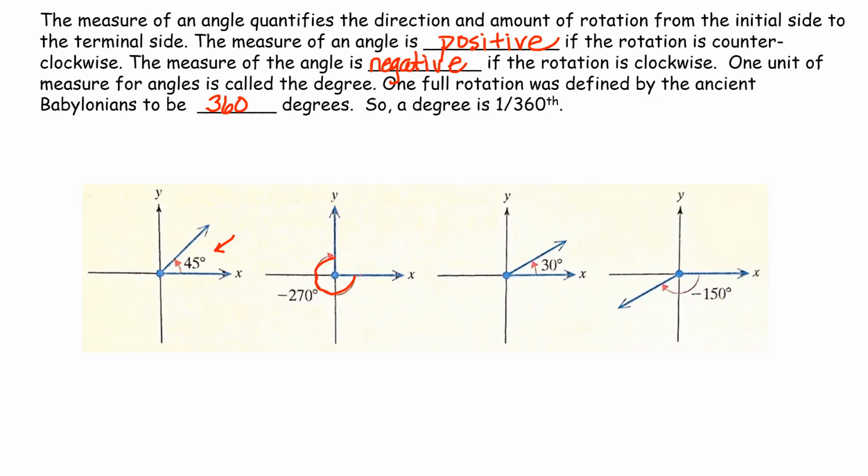There's 90 degrees in each quadrant. It's negative because it's clockwise. Over here, you've got 30 degrees, which is starting on the positive x-axis. You're rotating 30 degrees in the counterclockwise direction. Negative 150, you're starting on the positive x-axis and you're rotating 150 degrees in the clockwise direction.